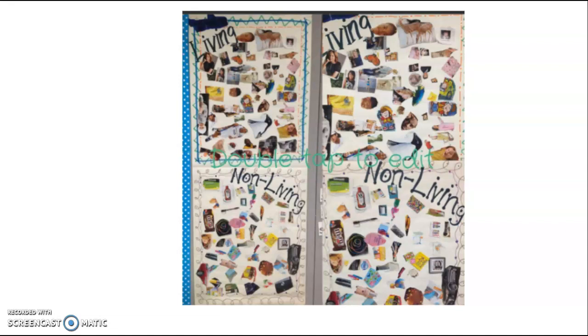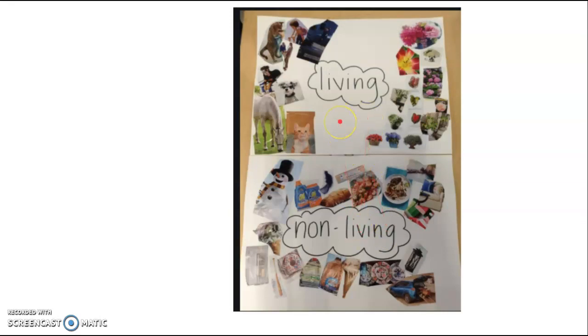They could make a project out of magazine images and cut and paste, and then they glued it on to a chart, and then they can actually use Seesaw to take a picture of their work and then talk about their work on the Seesaw app.